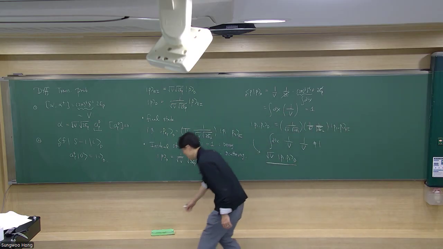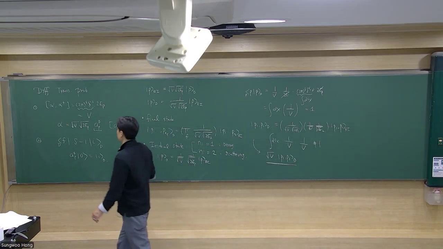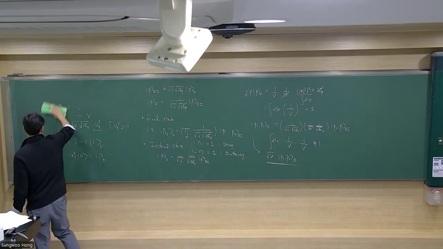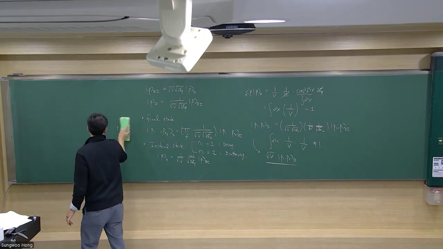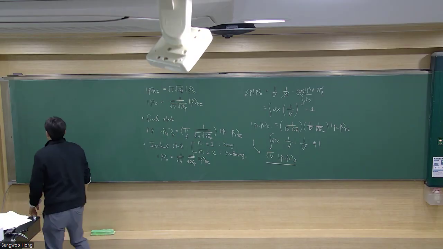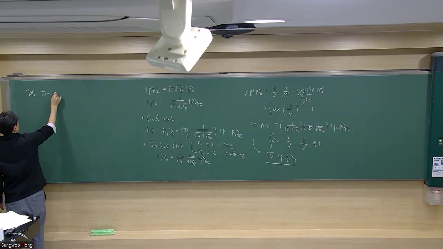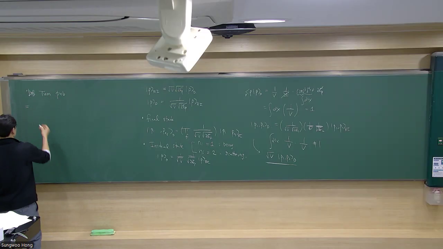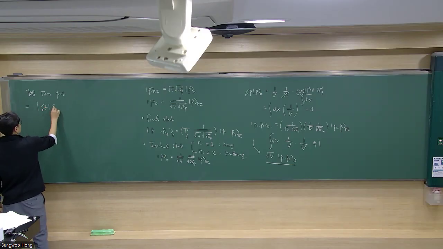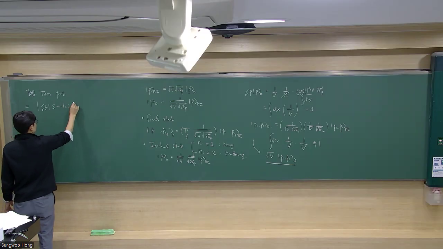So with that preparation, now we went on and constructed the transition probability. The differential transition probability can be written as basically we looked at a final state, initial, squared.